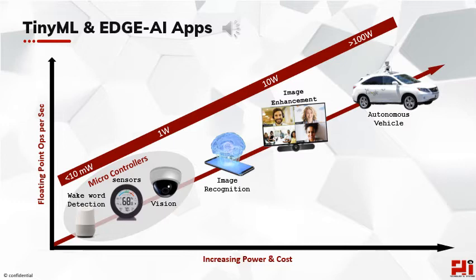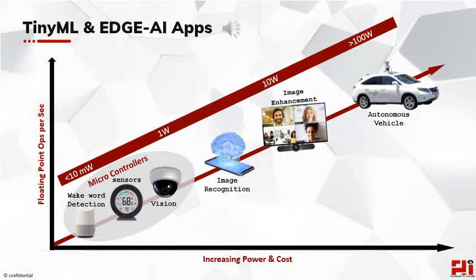TinyML apps typically consume less than 100 milliwatt power to be able to run on batteries. So, an image recognition application running on an edge device like a cell phone or a surveillance camera is not a TinyML application. Wake word detection like Hey Alexa or Hey Siri running in less than few milliwatts is a TinyML application.